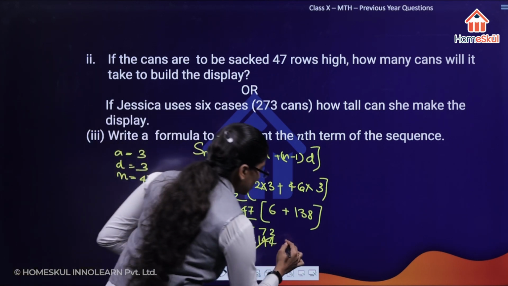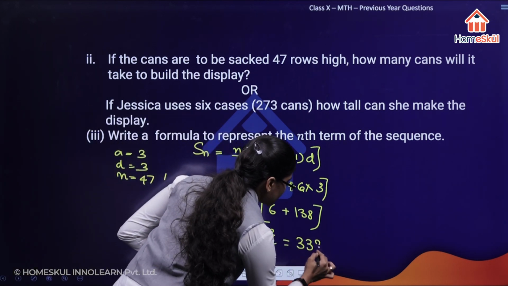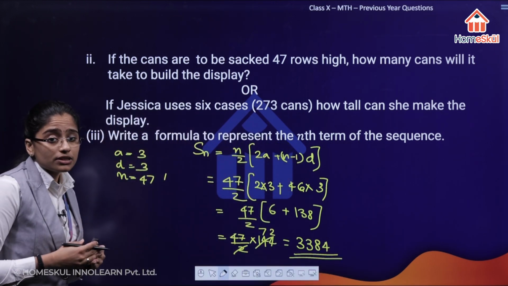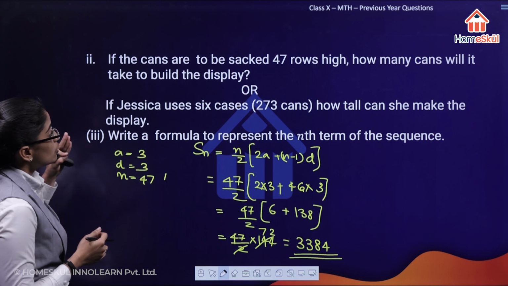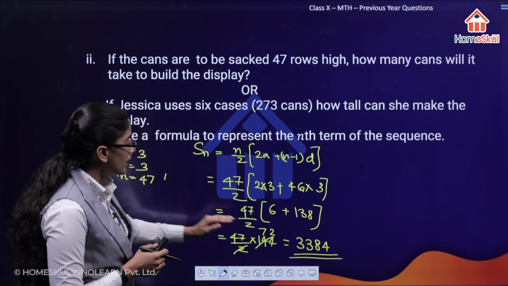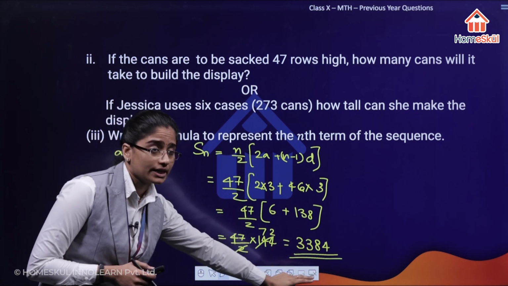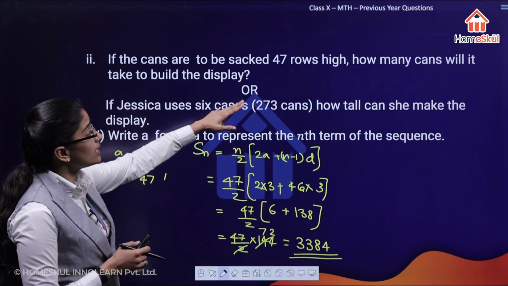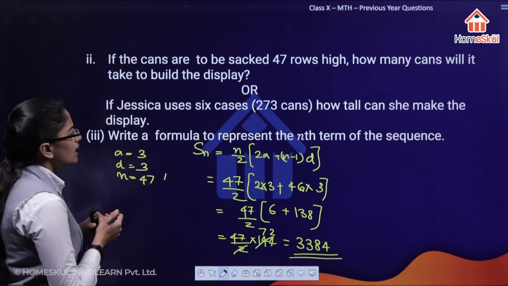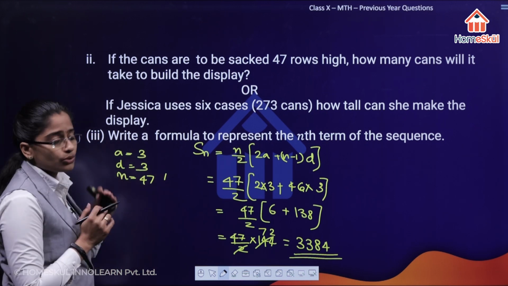So we are getting the value as 3384. Okay. Thus, what could we conclude? We require 3384 cans to make a 47 rows high display. Okay, clear?